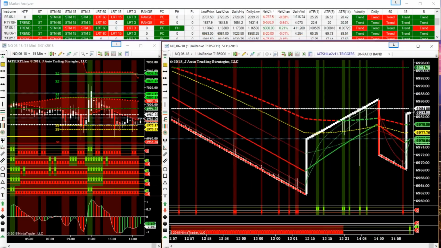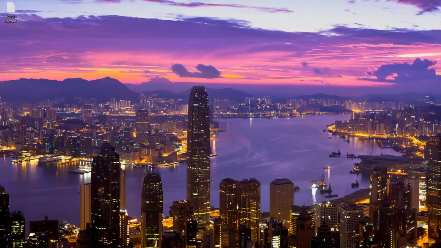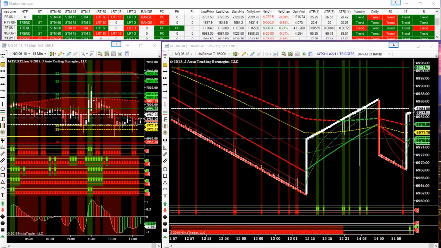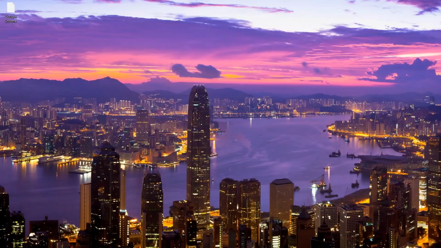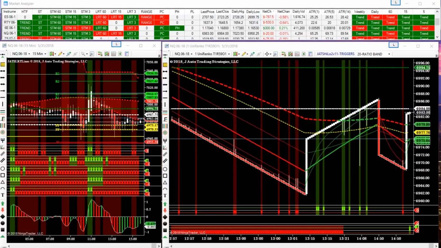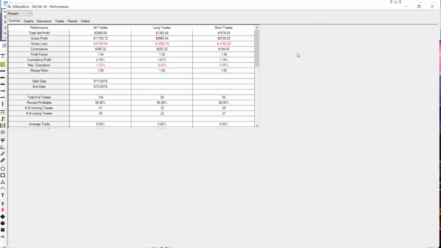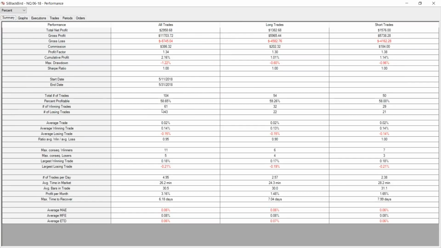Let me pull up that performance report for you. This is one bar. Changeover on bar close equals true. So it's a bona fide back test of this.